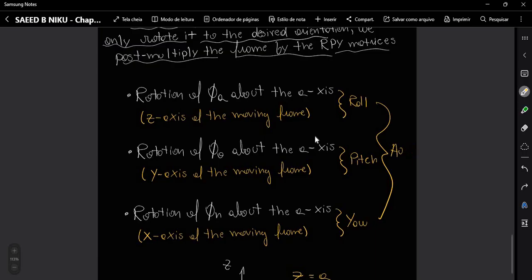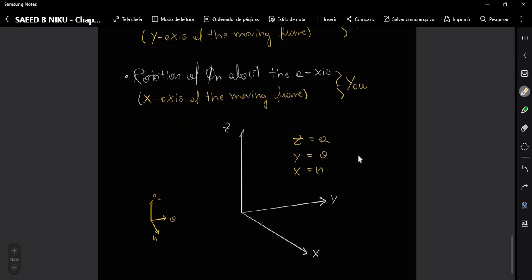So it's important to see in which axis the frame is pointing.